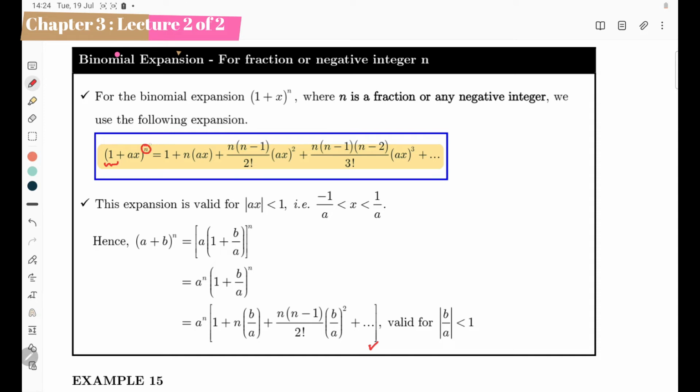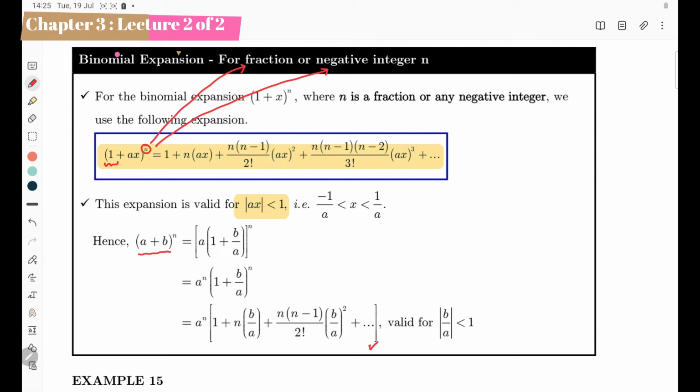It must be either a fraction or a negative integer n. Next, this expansion is valid for modulus of ax less than 1, and we can write it in the form between negative 1 over a and 1 over a.